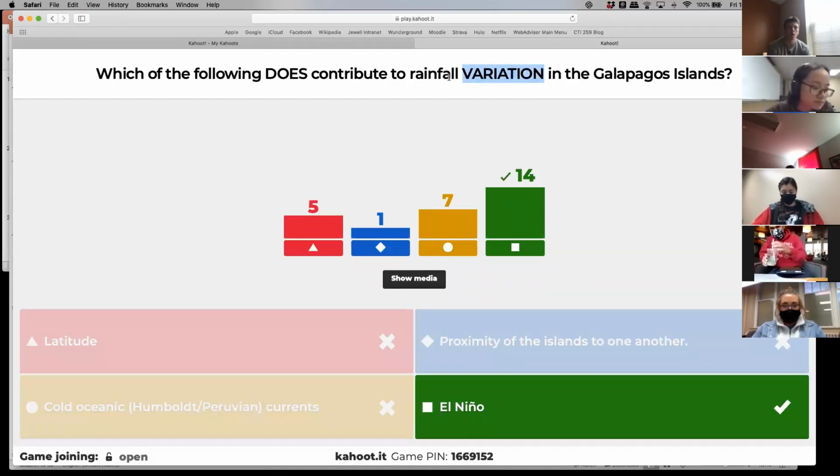This is variation in rainfall. Normally the islands are pretty dry. What leads to year variation is the movement of this warm water across the ocean. What's another correct answer that we could have put in this question?